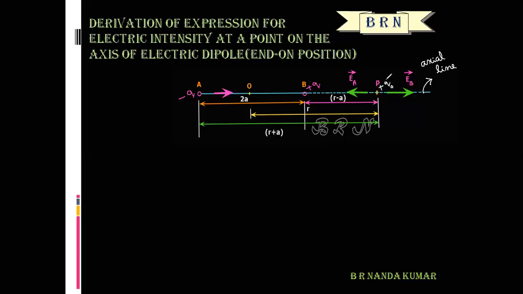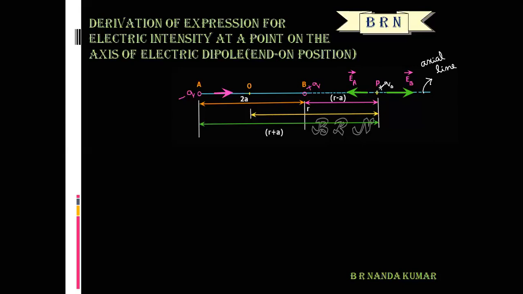The plus q naught will experience a repulsive force. It is directed away from the center of the electric dipole. That is the EB vector. EB vector is directed along OP. EA vector is directed along PO. So these two arrow marks are very, very important.